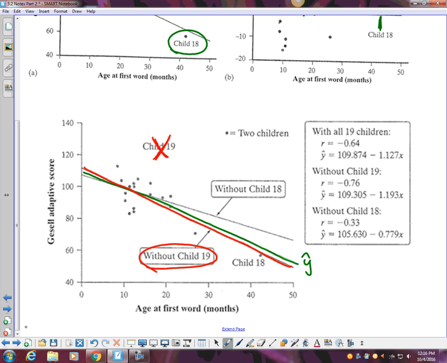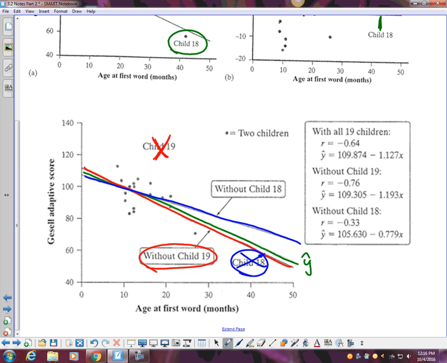Okay. Now let's talk about without child number 18. Child number 18 is way down here. If I take him out, then my line can now cut through more of these points and not have to worry about being pulled down by child number 18. So which one affected the line the most?